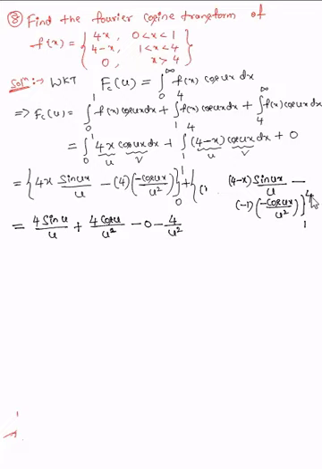Now similarly here, put x equal to 0, plus. Put x equal to 4 here, 4 minus 4 is 0.